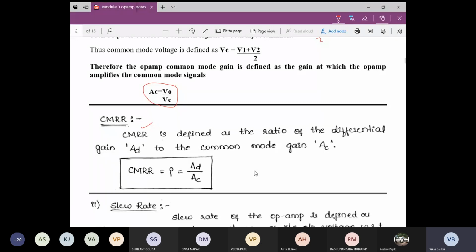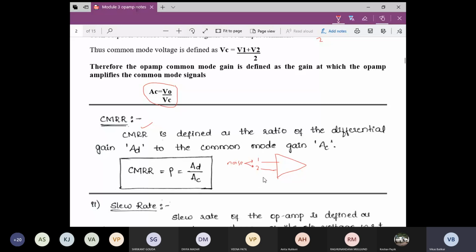It is not that I give the common mode signals. Sometimes, by virtue of the device nature when I use an op-amp, it may happen that for both these terminals, terminal number 1 and 2, some sort of noise will be affected. So noise will get attached to these two terminals 1 and 2.